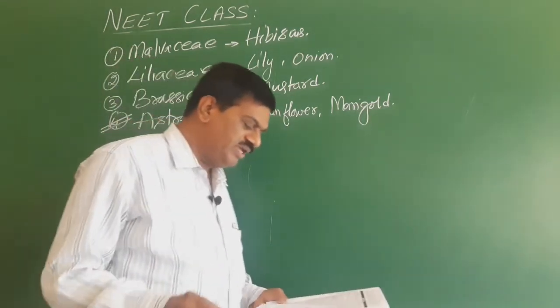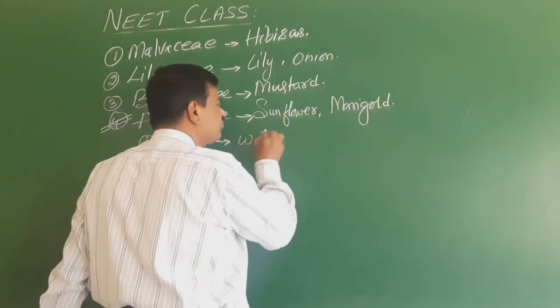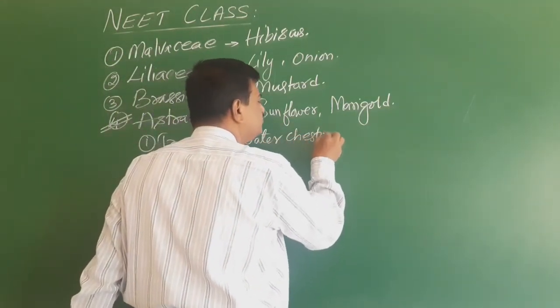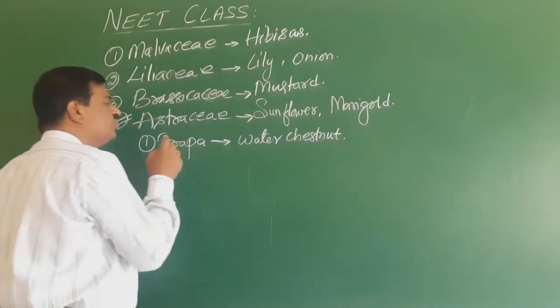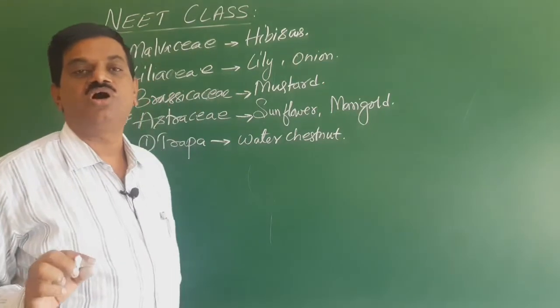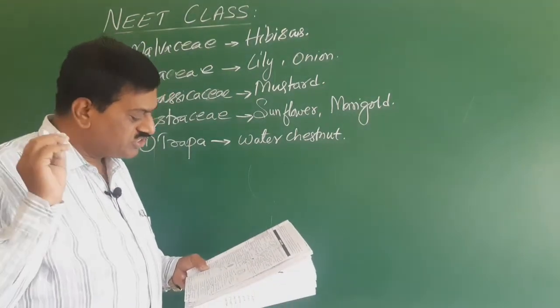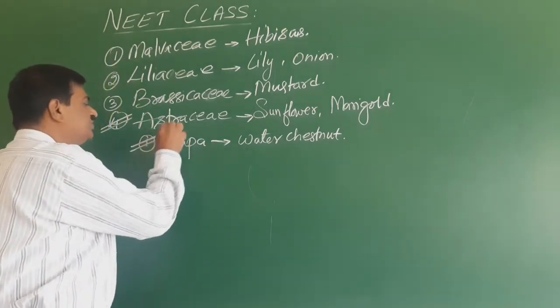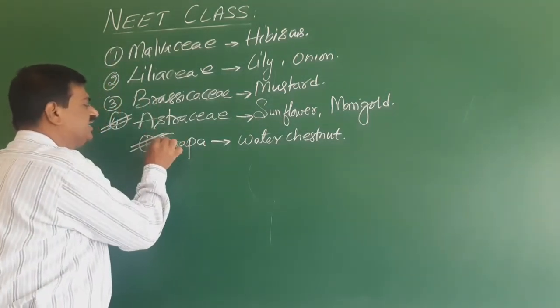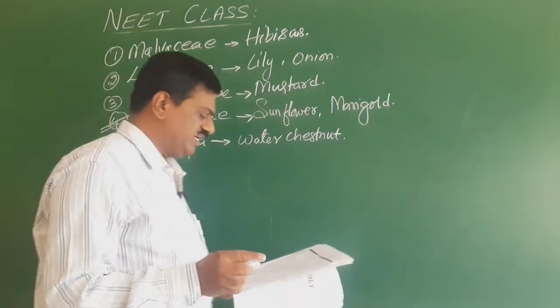This Trapa is nothing but water chestnut. In Trapa, the roots are green in color and help in photosynthesis. So this is the right option. Here the first one itself is the right answer, called Trapa. Whereas the second one is called Dahlia.